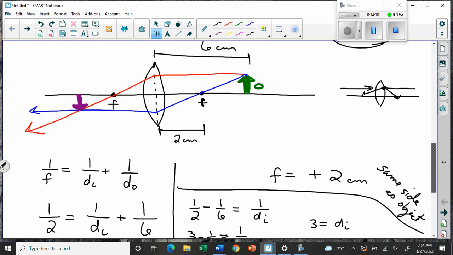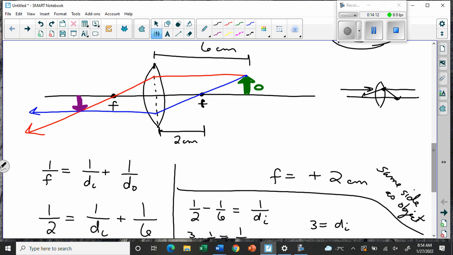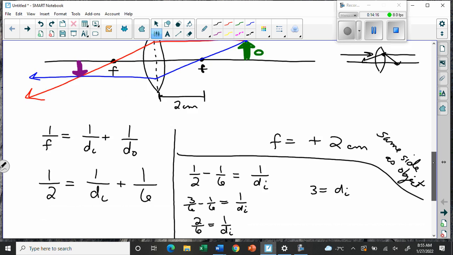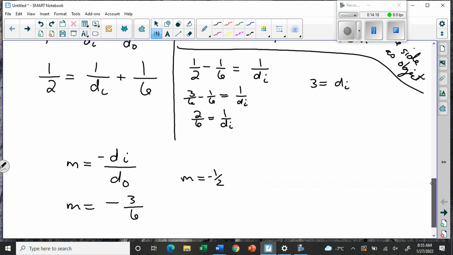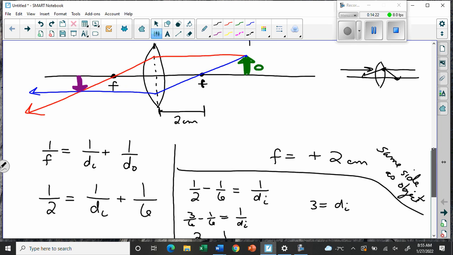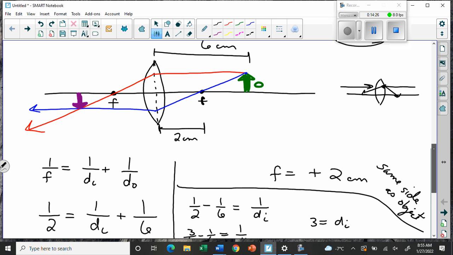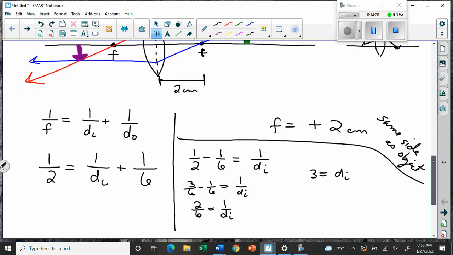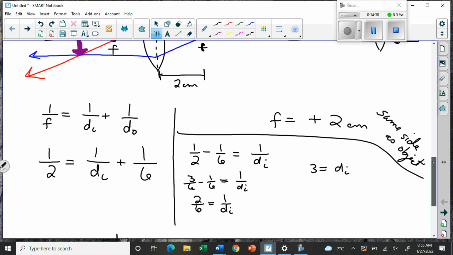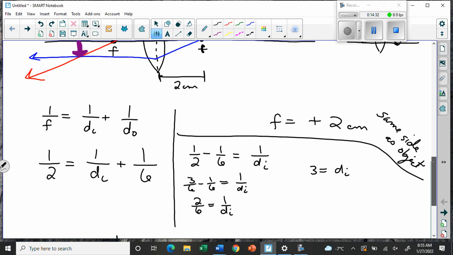And in our picture, it does look a little smaller. It's just a sketch, so it's not perfect. So that makes sense. And we also have a negative magnification, which indicates an upside down image. And that makes sense, because in the picture, we have an upside down image. So it seems like our numbers made sense, and they give us an answer.